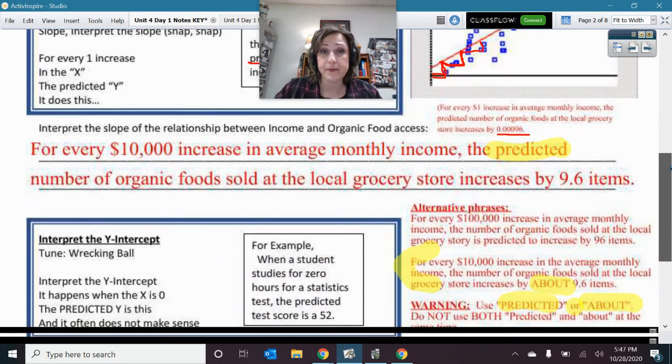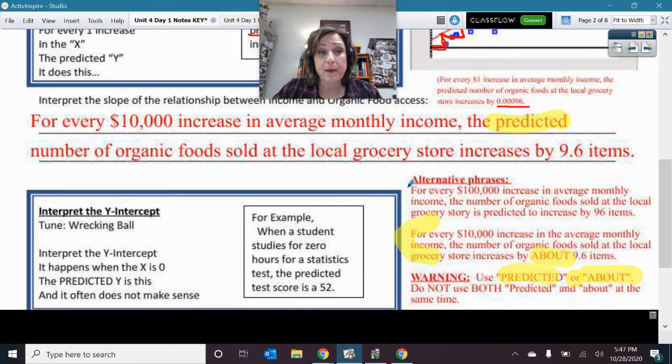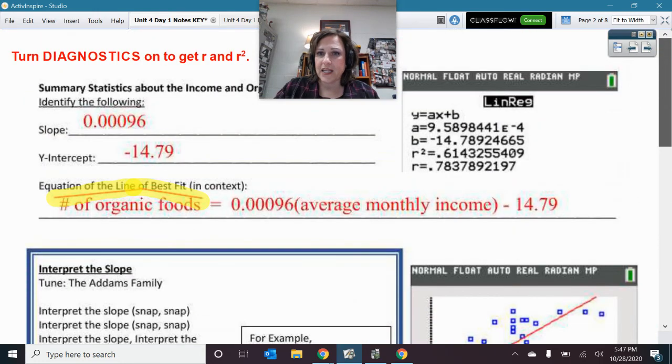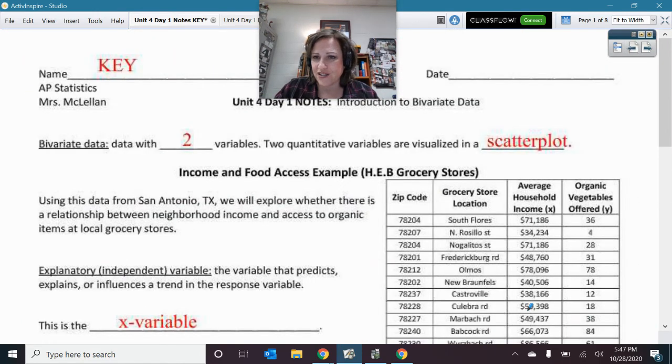Here are some other optional ways. If I multiplied by 100,000 instead of 10,000, then for every $100,000 increase in the average monthly income, the number of organic foods sold at the local grocery store is predicted to increase by 96 items. Because the number of items didn't really seem to be in that range, increasing by 100,000 just seemed to be out of the scope of things.